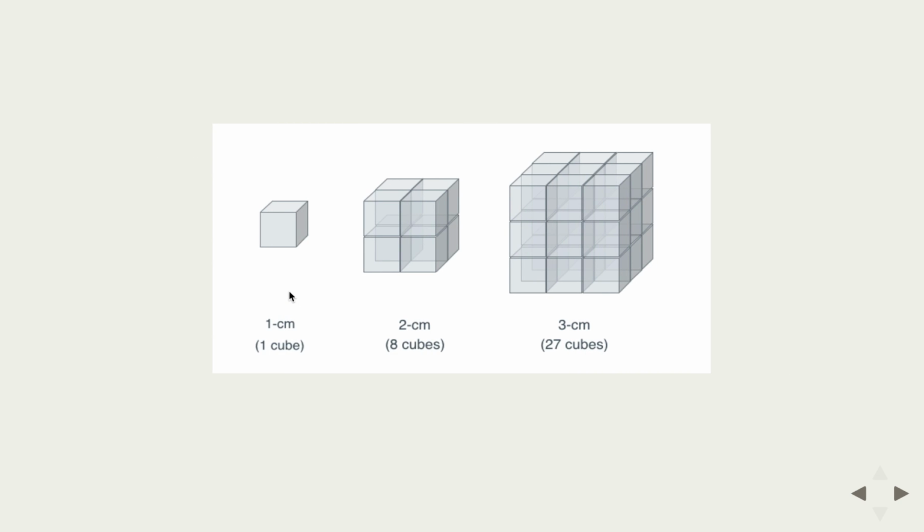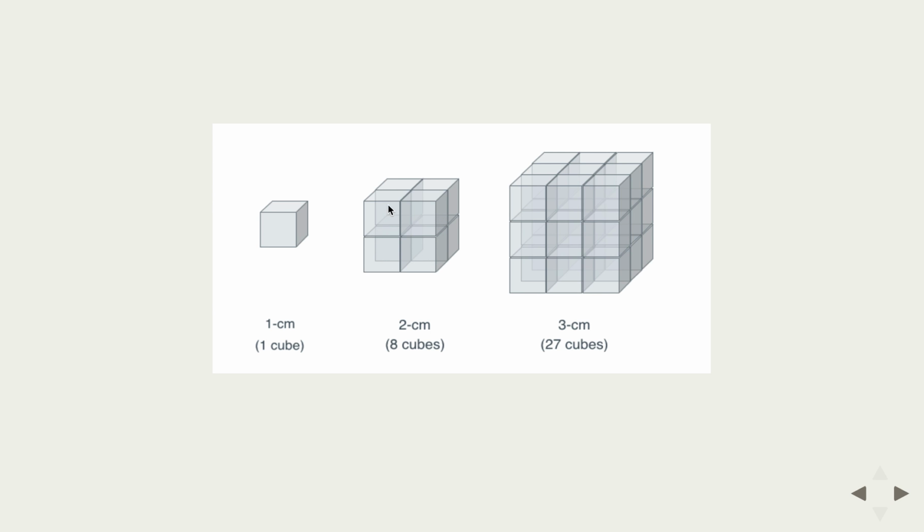Now this is just another illustration of this concept. So we call this a unit cube. It has 1 centimeter in length, and then we use 8 of them to build a bigger cube with 2 centimeters long along the edge. Right?